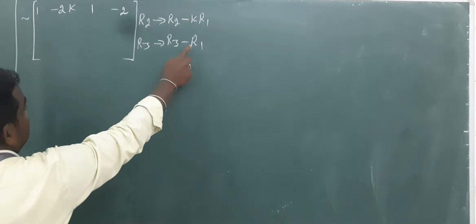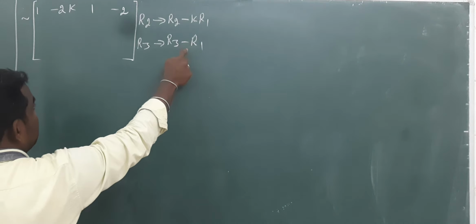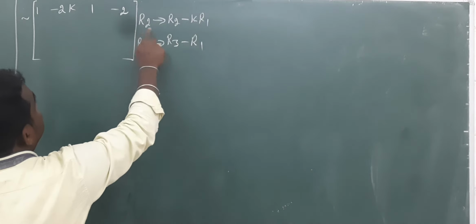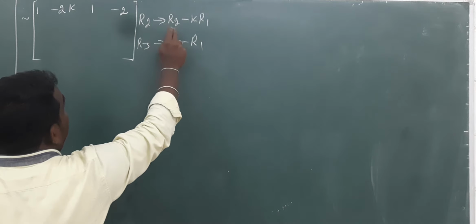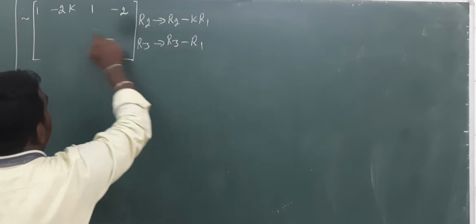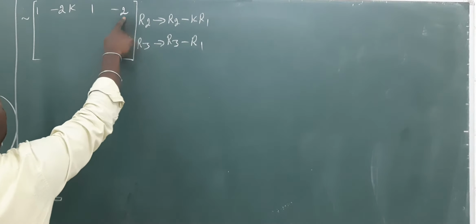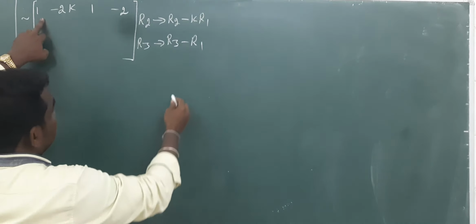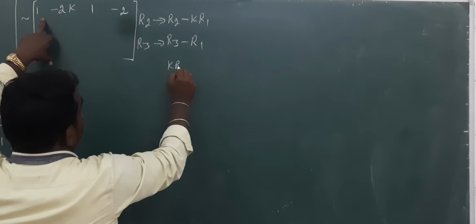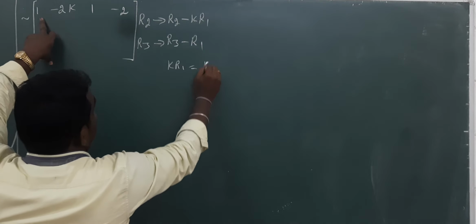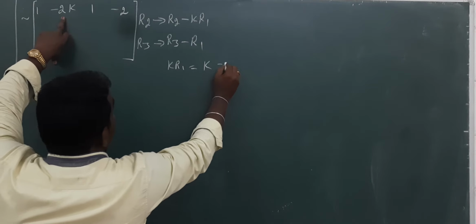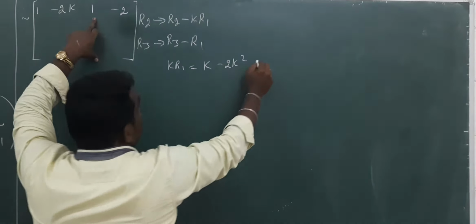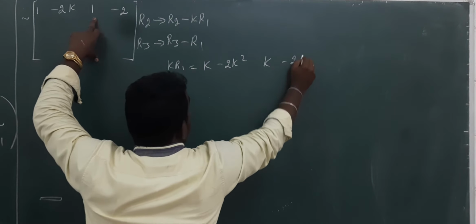And the third row, first number 1, so we multiply 1 into R1. That is the second step. R2 gives R2 minus k into R1. First, roughly calculate kR1: k, minus 2k, k square... k into 2k, k square, then k and minus 2k.